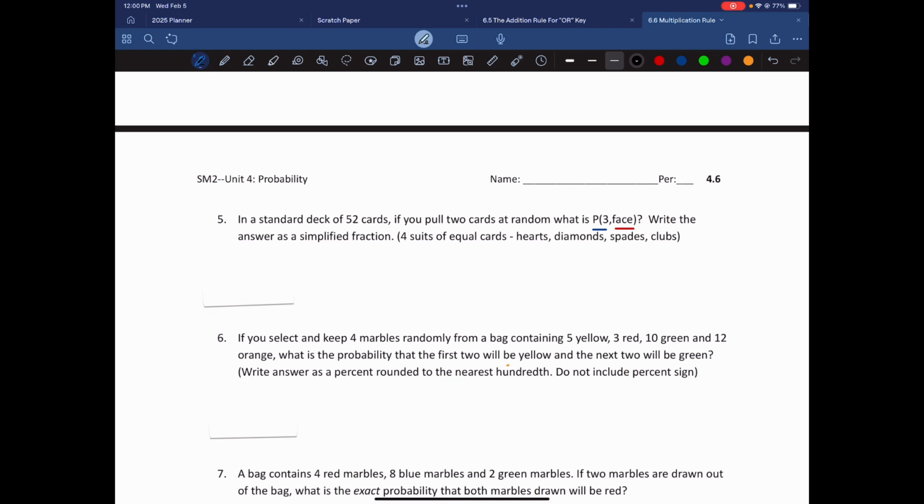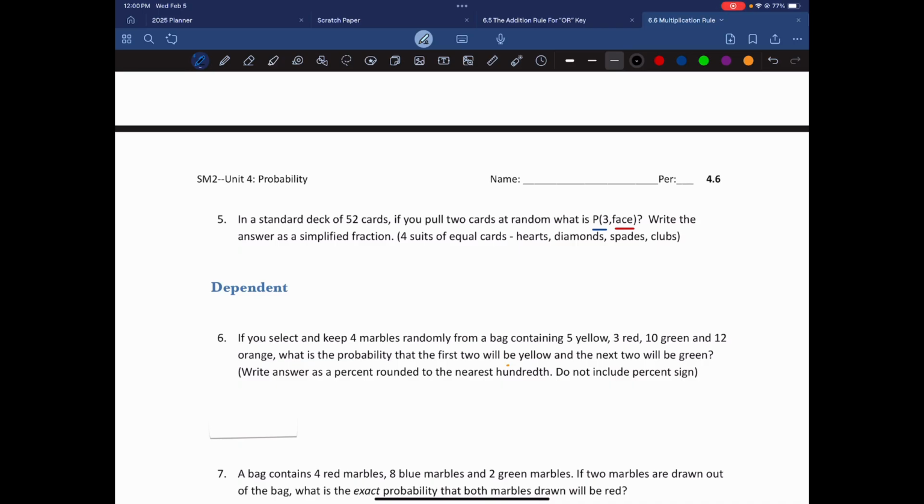Well, I'm pulling a card out, but it never says that I'm putting it back into the deck. Because I'm not putting it back into the deck, I am a dependent situation here. If it had said with repeating or putting it back in the card, then I'd be independent, but for this, it didn't say any of that, so I'm dependent.